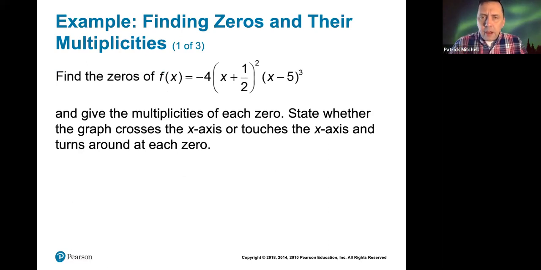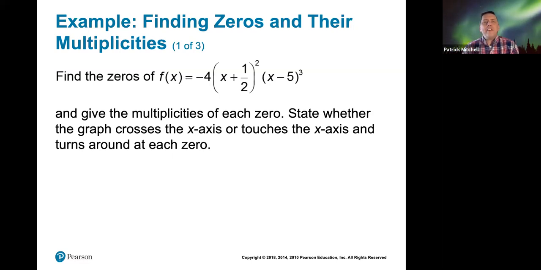Oh my goodness, this is kind of similar. I probably had this example stuck in my subconscious. Anyway, they want us to find the zeros of the function f of x equals -4 times (x plus 1/2) squared times (x minus 5) cubed.